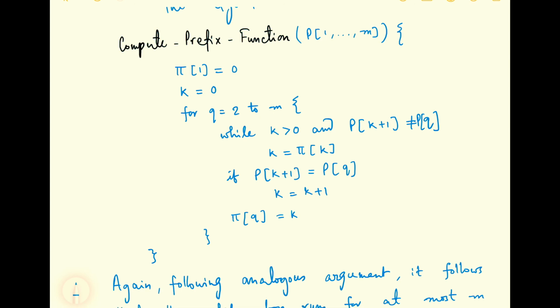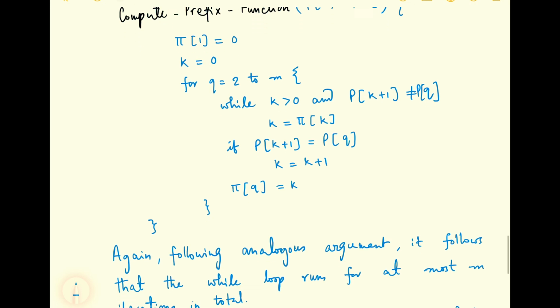Hence the total decrease in the while loop can be at most m, and thus the number of iterations that the while loop runs is also at most m.